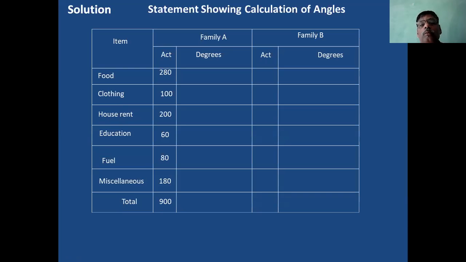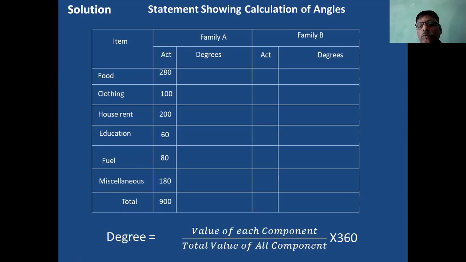Degree is calculated as the value of each component divided by the total value of all the components, multiplied by 360. In the percentage bar diagram, we multiply by 100. In the sector diagram, we multiply by 360. This is the difference.